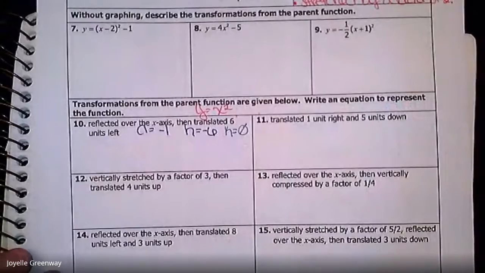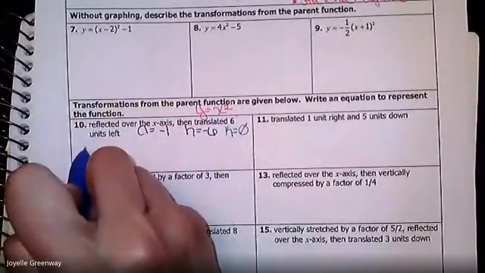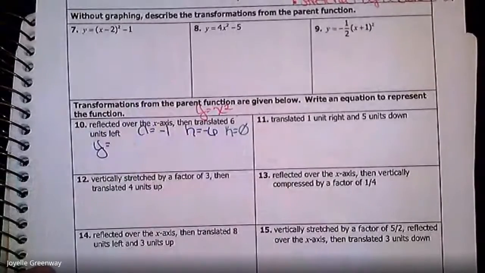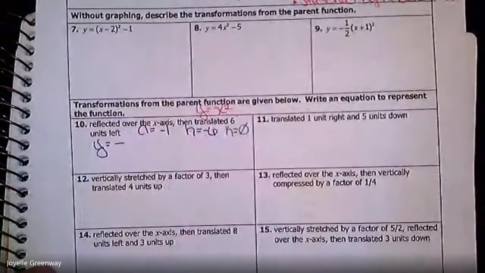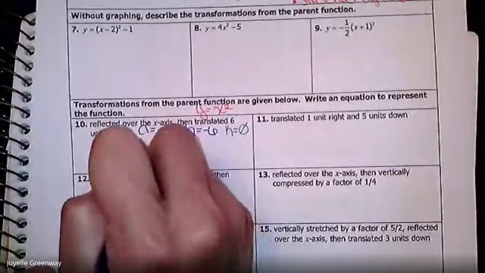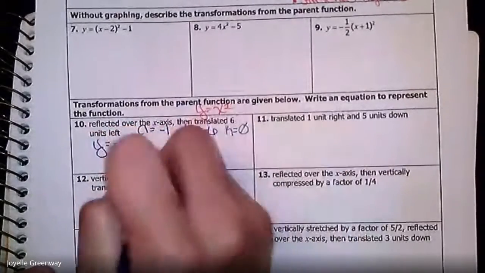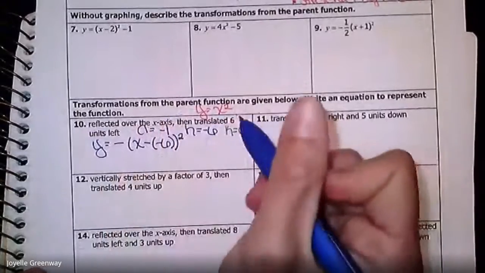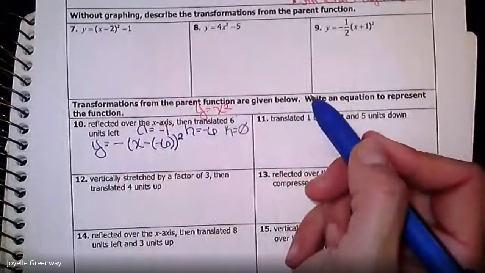So what is that going to look like? You can use f of x or y. y is equal to negative (x minus h, which is -6) squared, and then plus 0.